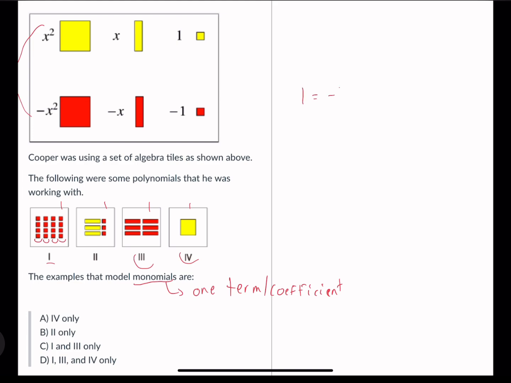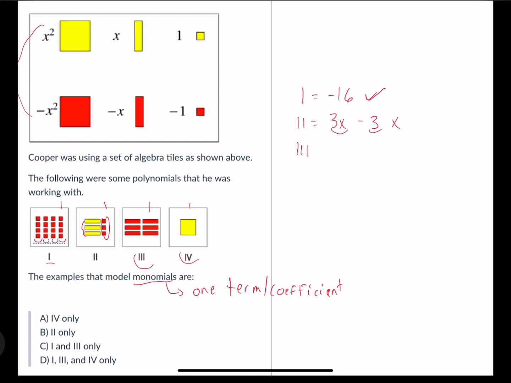So 1 is equal to -16, so that's a monomial. If I look at number 2, we get 3 bars, which each hold an x value. So that's going to be 3x and then -3, right? If I include these as well. So 3x minus 3. Well, this is a binomial, right? It's got 2 terms in it, so that's not going to be the case.